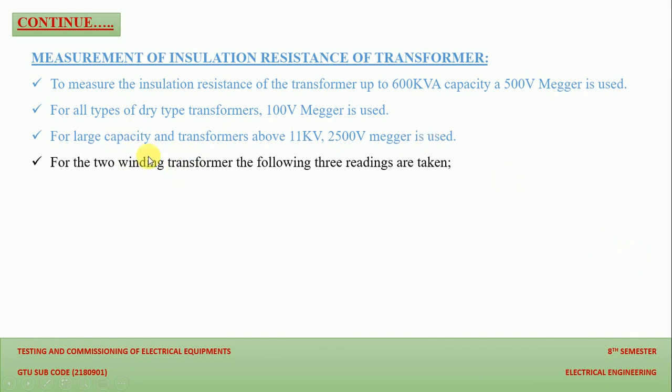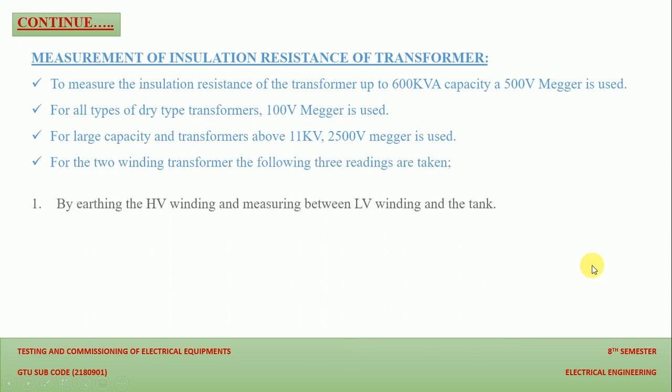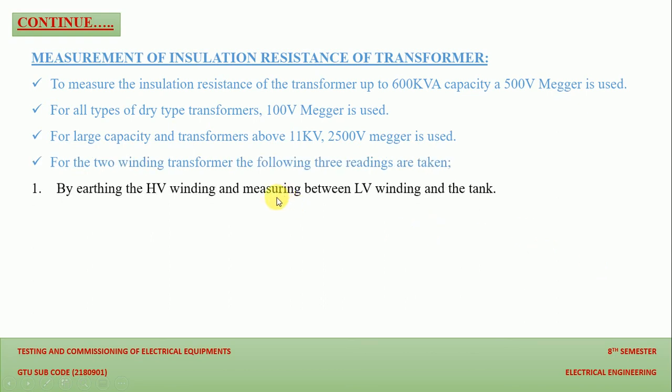And for two winding transformers, the following three readings must be taken. First, earth the HV winding and measure between the LV winding and the tank.